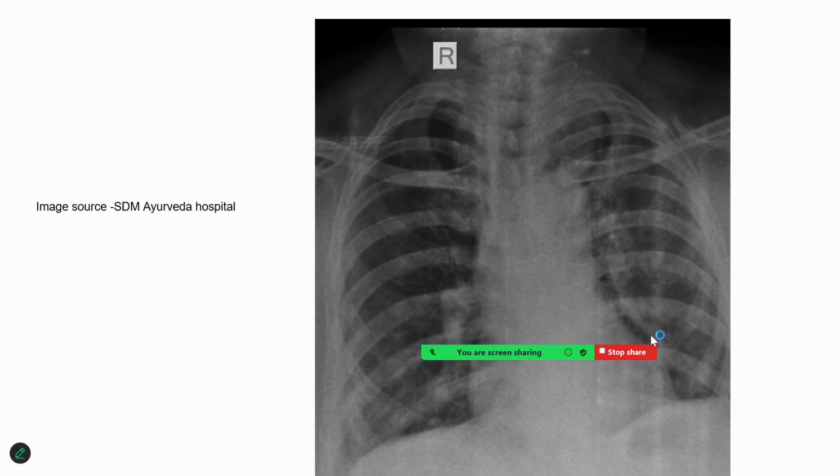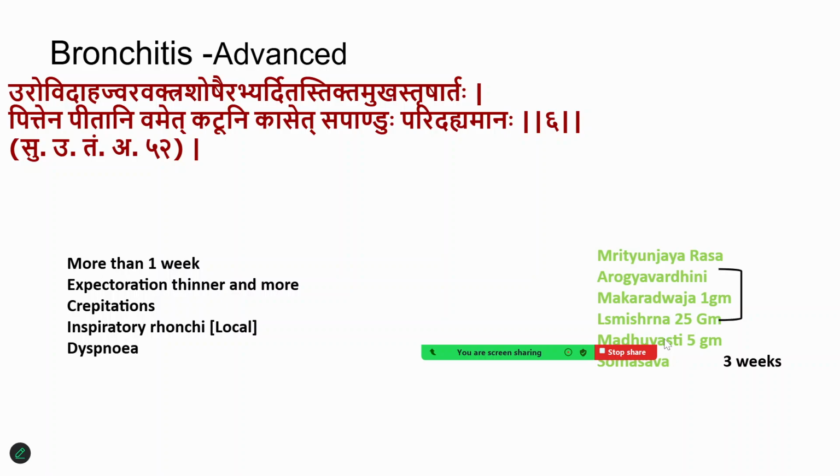There could be even more thickening of these bronchial divisions. Vascular markings may become thicker, which suggests a bit advanced condition. I would say it's an advanced condition where the condition has been present for more than a week. Expectoration becomes thinner. The opacities may be widespread, more than half of the lung would be covered.